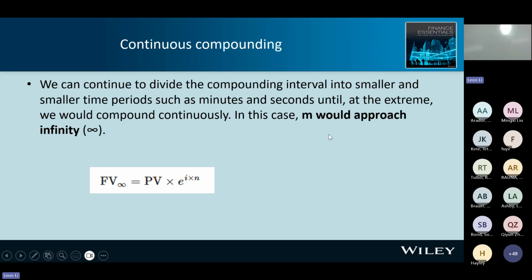In this case, M would approach infinity, and our final result is here. Future value is present value times e. The e is an exponential function, right? In your financial calculator, you can see this function.